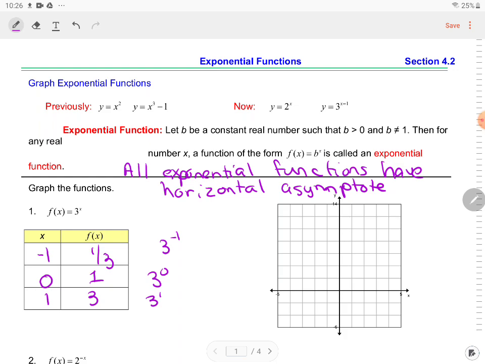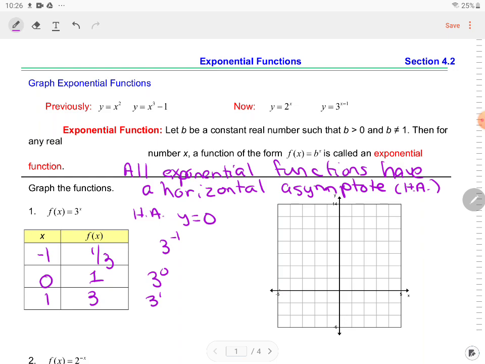Okay, so all exponential functions have a horizontal asymptote. And just to remind us, we'll put HA. And it's the up or down shift, okay? So in our example, we have not added or subtracted a number. So here our HA is y equals 0.